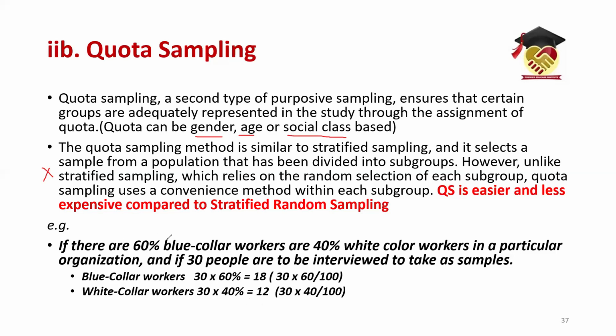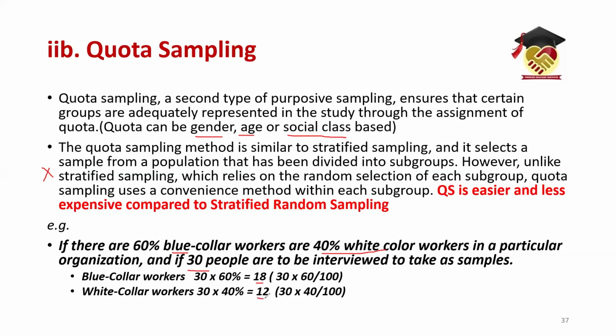For 60% blue collar, 40% white collar. Now you want to get 30 people. Sample size is 30 people. So how do you get this 30? Out of this 30, you want 60% blue collar. Why? Representation is there, right? Blue collar people are more, 60%, then you get 18.